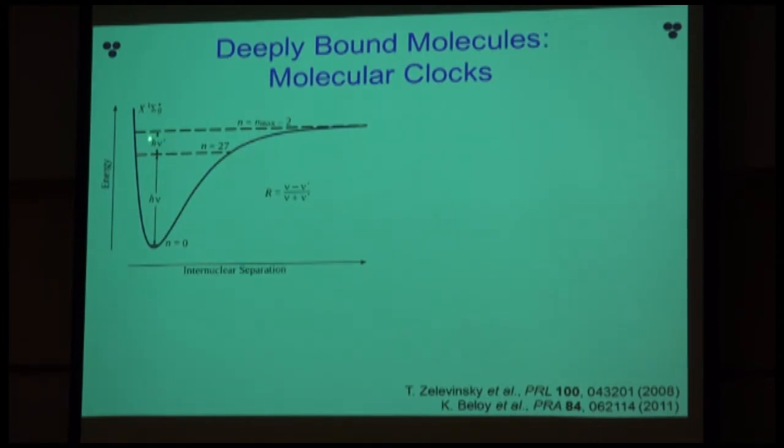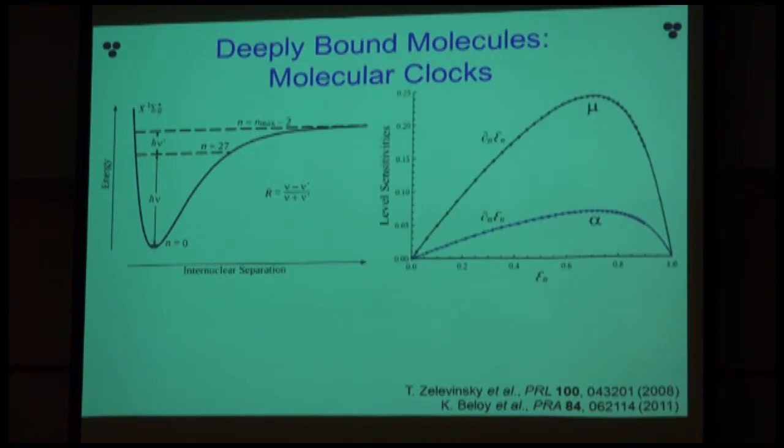So here, I show, for example, if one measures a transition from the 0th vibrational level to one in the middle here, and one from here to one of the weakly bound ones, and takes this kind of ratio of the 2 frequencies, that ratio ends up being quite sensitive to any drifts in the electron to proton mass ratio, but completely insensitive to any intermediate clock you use to measure these frequencies, because that happens to cancel out. So it's a kind of a nice thing.